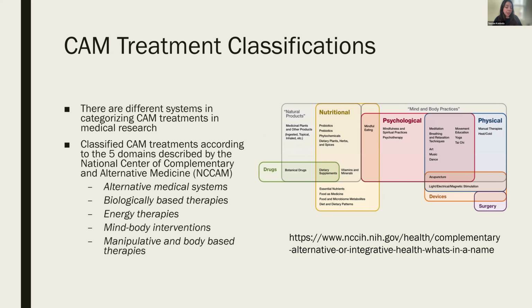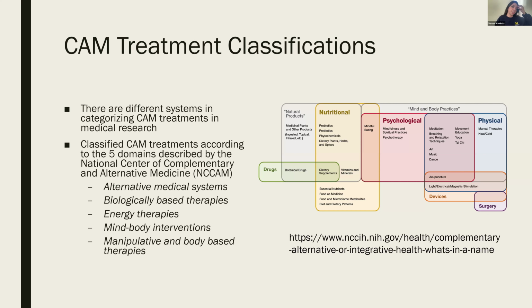All right, and how they went about CAM, so they actually classified CAM into 5 different domains, and this was described by the National Center of Complementary and Alternative Medicine, the NCCAM. When I went onto the NCCAM website, it did appear that they may have updated some of the 5 domains.